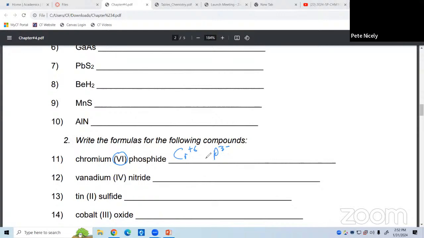So to get the charges canceling out, we're going to need two of that. So the final answer is going to be CrP2. The thing that confused me is chromium has a positive charge of either 3 or 2. Oh, yeah, it can also be +6 as well. They don't have that on that list. So in this case, I would just go by what is in the question. Yeah, that's what was confusing.